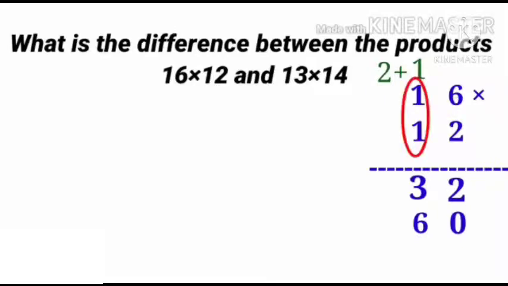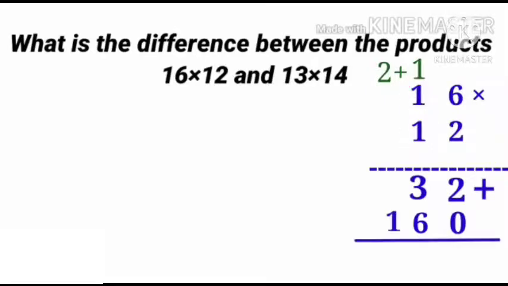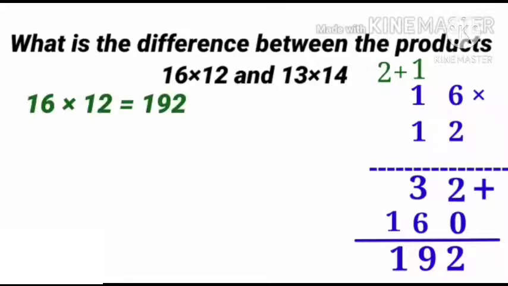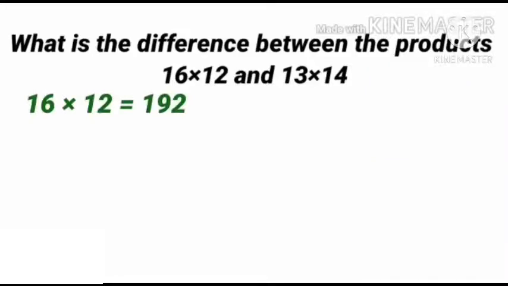Then multiply 1 by 1, that is 1 into 1 equal 1. Write 1 here. Then add these two products together. 2 plus 0, 2. 3 plus 6, 9. Then write the remaining one here. So 16 into 12 equal 192.